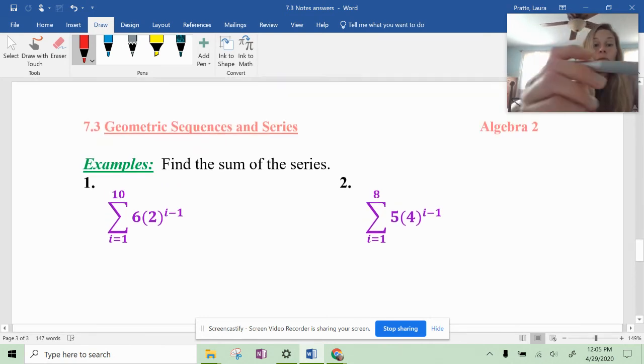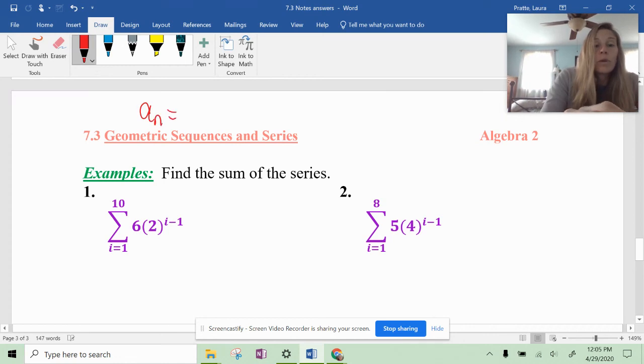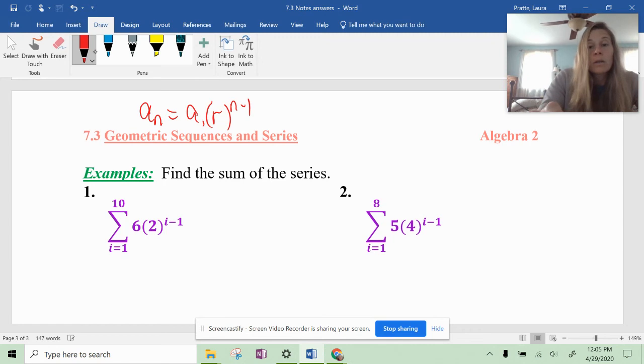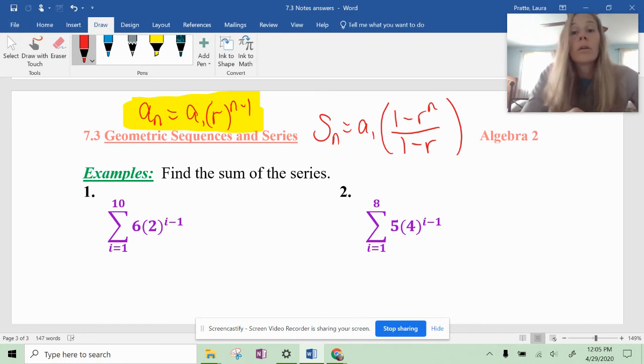Again, as a little reminder, the rule formula is a sub 1 times r raised to n minus 1, and the summation formula is a sub 1 times 1 minus r to the n over 1 minus r. This is important because it tells us what a sub 1 and r are.